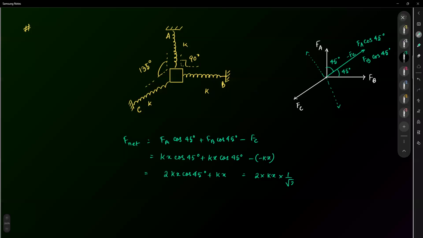So what will be F net from here? 2 into Kx, isn't it? Now, not only that, what we are missing out here is one thing. Let me tell you.